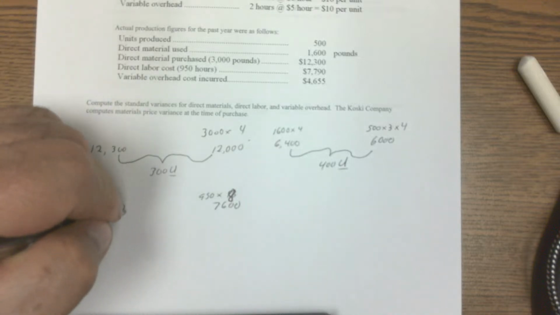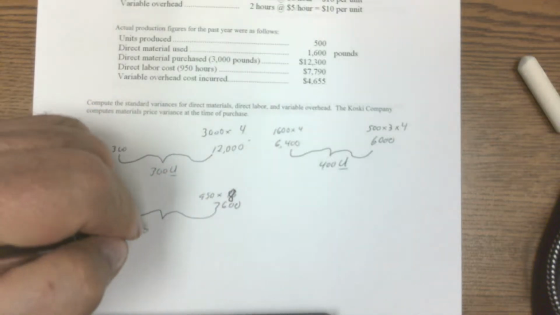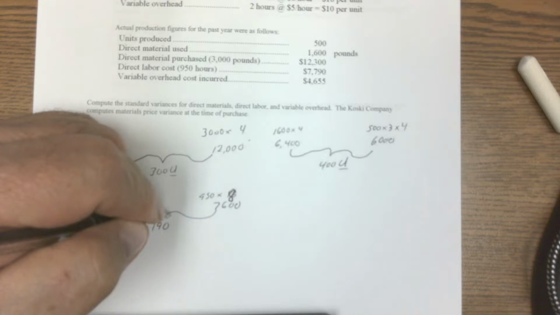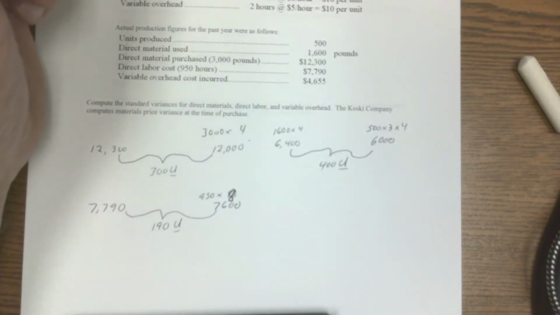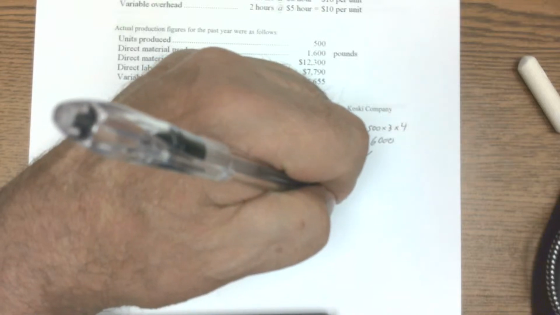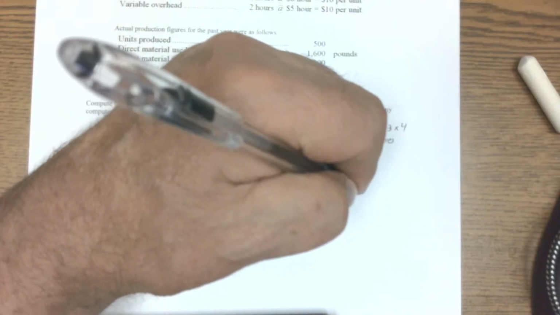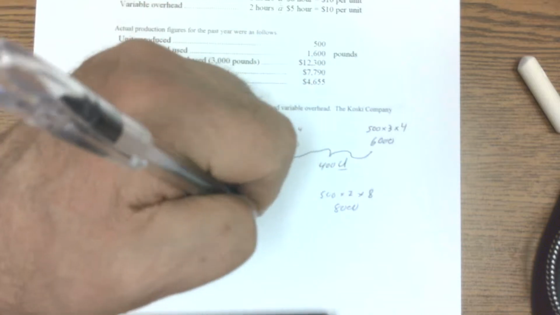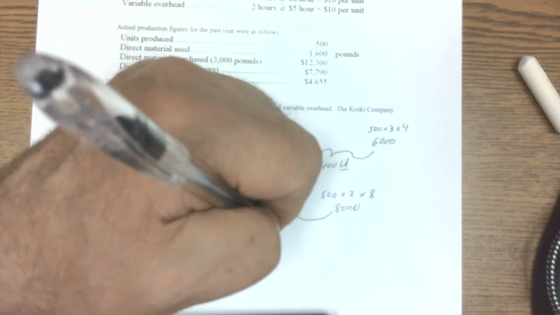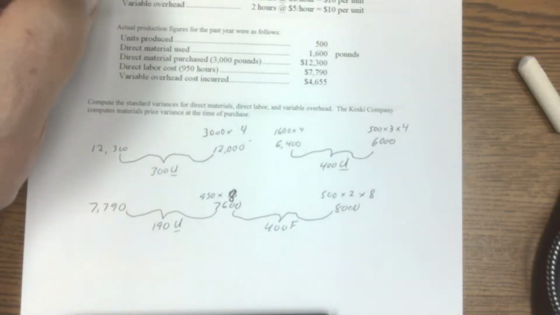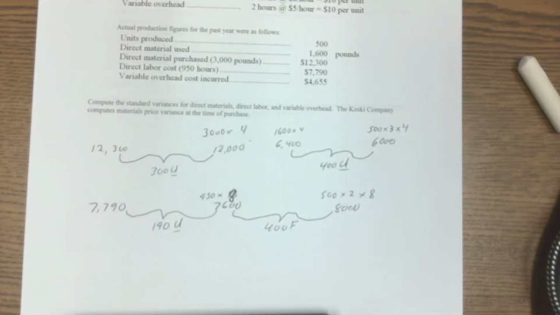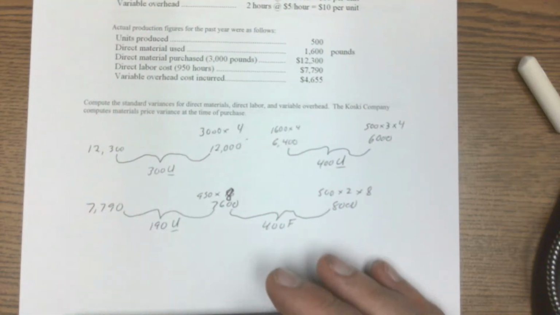Okay, so we've got a variance of 190 unfavorable. We produce 500 units times 2 hours times $8 is 8,000. And so we've got 400 favorable. This is the efficiency variance.